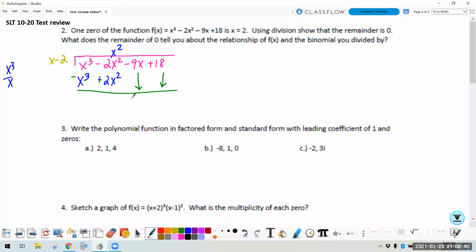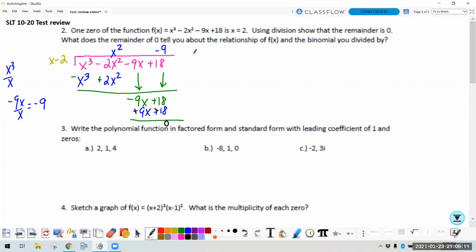Bring down. My next division thought, negative 9x divided by x. Negative 9. Multiply it back, negative 9 times x, negative 9 times 2. Subtract, and the remainder is 0.